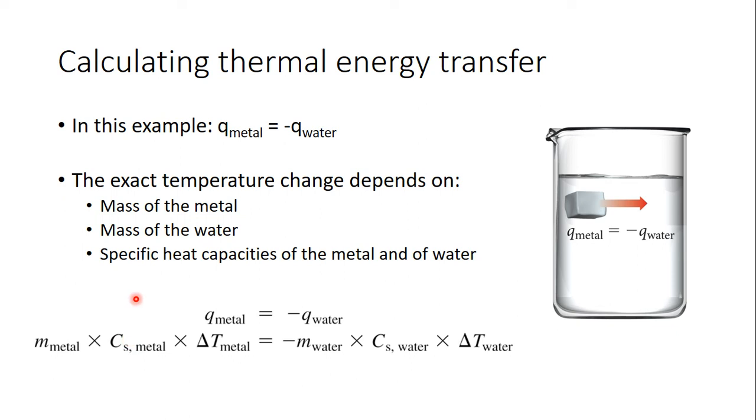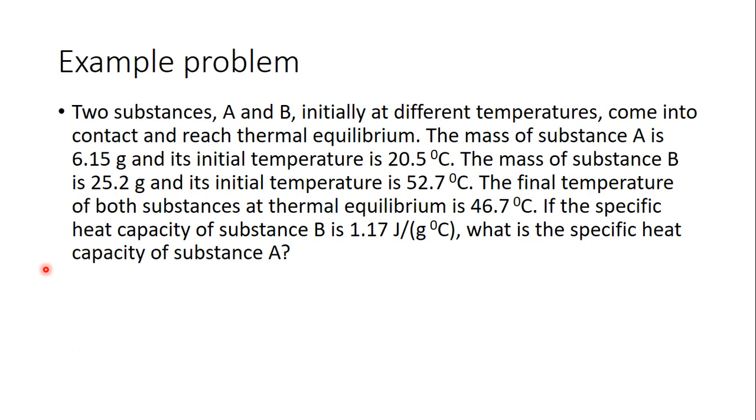And specific heat capacity is how much energy it takes to change the temperature of a certain weight of our substance. We'll see this in the next slide. Multiplied by our change in temperature of the metal. That's equal to minus the mass of the water, heat capacity of the water, and the change in temperature of our water.